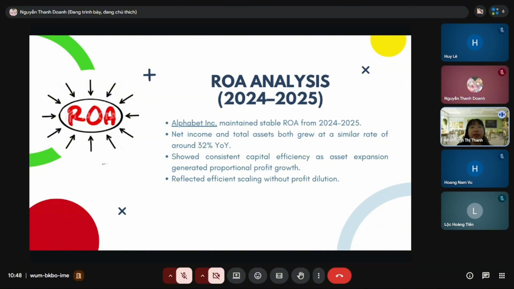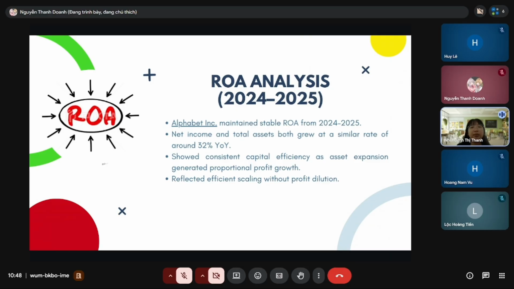And finally, this slide highlights the stability of Alphabet's ROA, return on assets, from 2024 to 2025. Both net income and total assets grew at a similar rate of approximately 32% year over year, because profit and assets expanded proportionally. ROA remained stable.